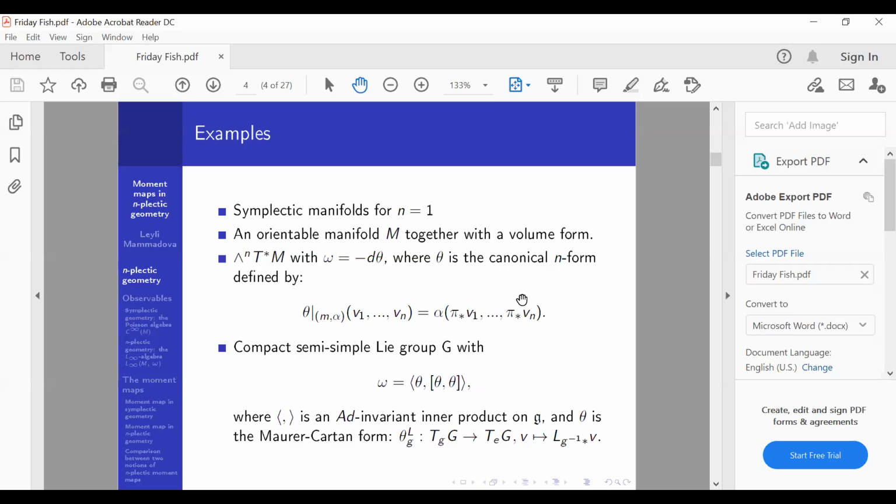If I'm not mistaken, Henrique Bursztyn looked at something like this, I think with Alejandro Cabrera probably. Okay, that's a good point.